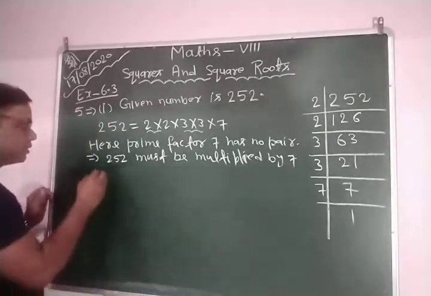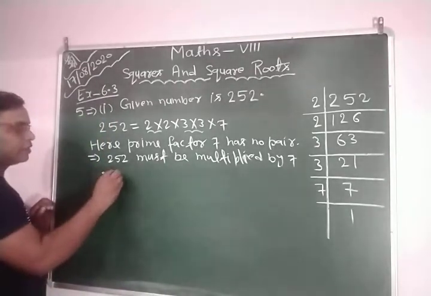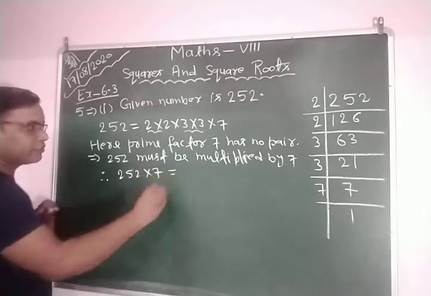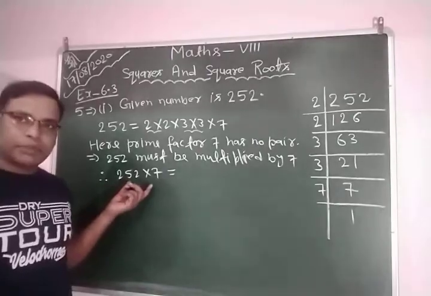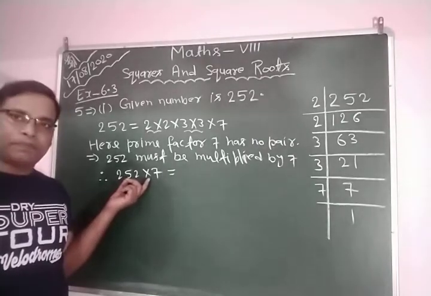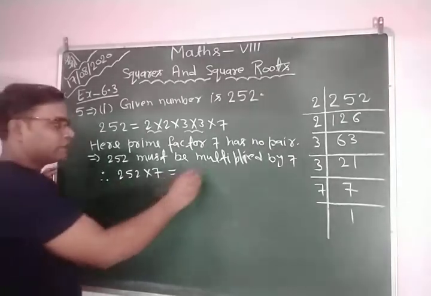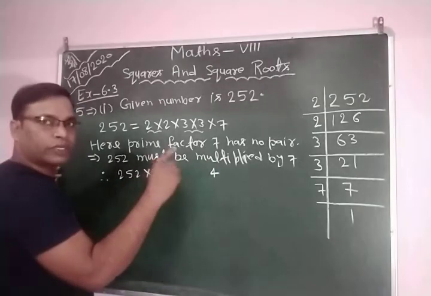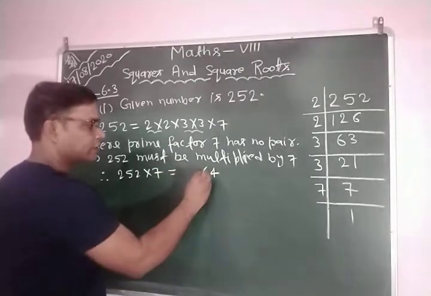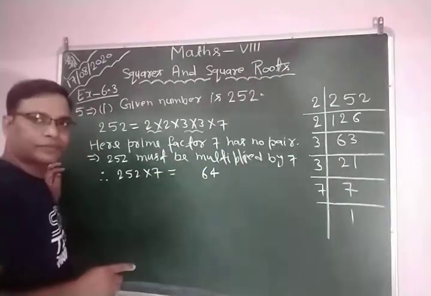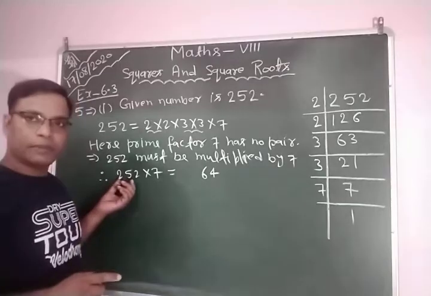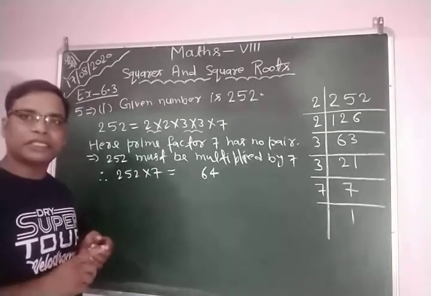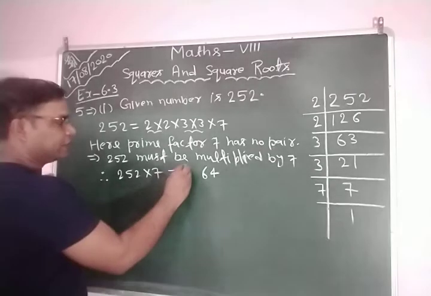Okay, so you can see here 252 into 7. In this way this number becomes a perfect square. 7 twos are 14, carry 1, 7 fives are 35, plus 1 is 36, write 6 and carry 3, 7 twos are 14 plus 3 is 17.